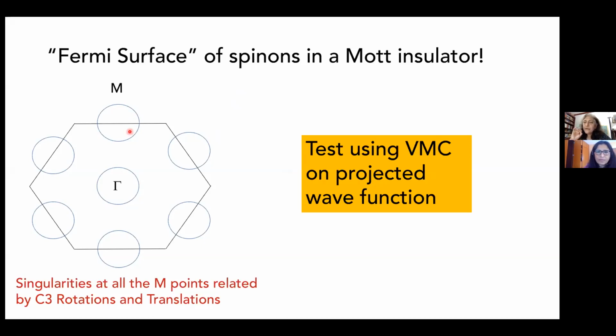We are not directly measuring a single spinon. We are measuring the actual spin structure factor, but we can deduce the spinon Fermi surface. These would be the spin-half fractionalized objects which form their own Fermi surface with a hole pocket at the gamma point and electron pockets at the M point. So this is a prediction that we can make that is still waiting to be tested in experiments.